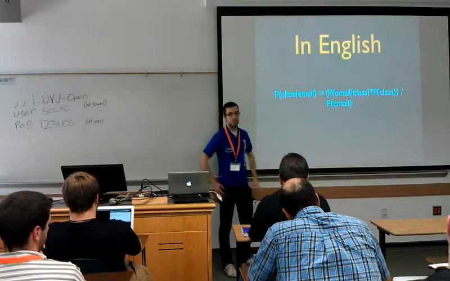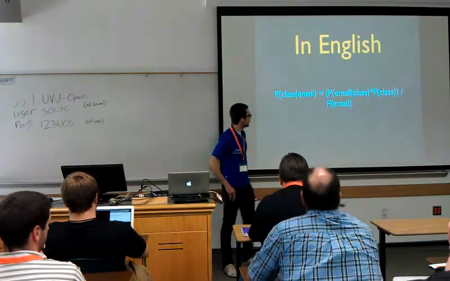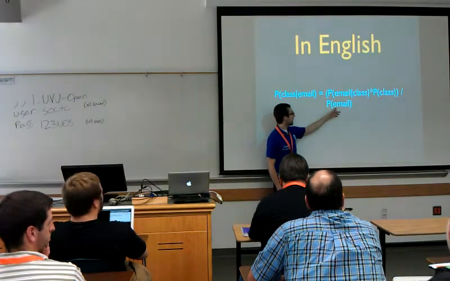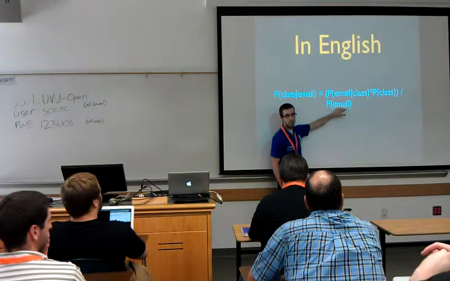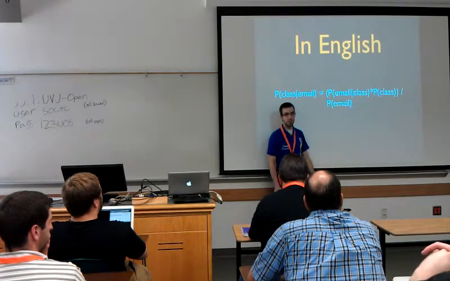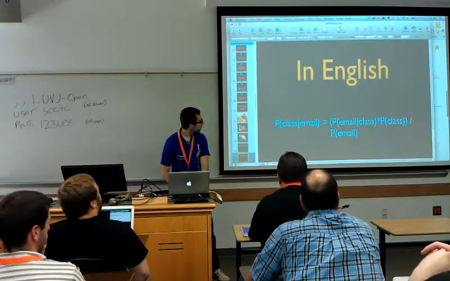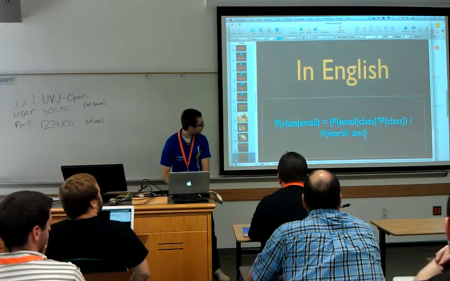I'm a little confused right now. With the P email down there, the probability that it's an email is like 1, right? I should have been more clear. This is the probability of receiving these particular words in the email, in any email. We can think of it as the probability of word 1 and word 2 and word 3, right?